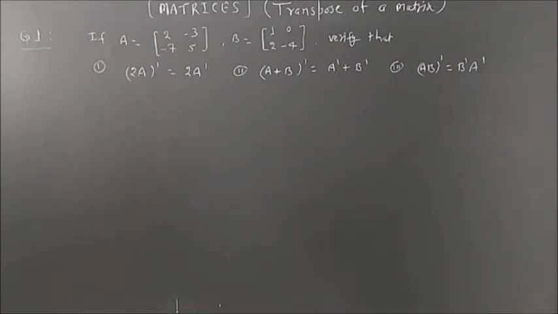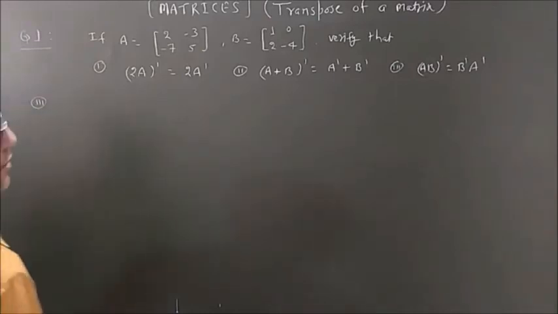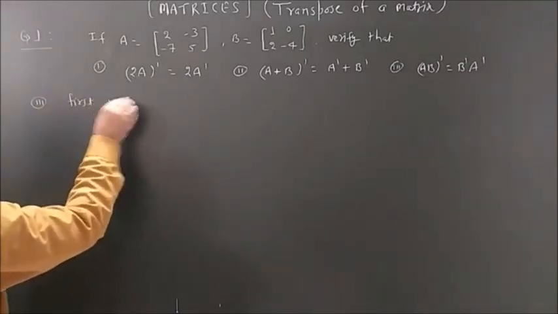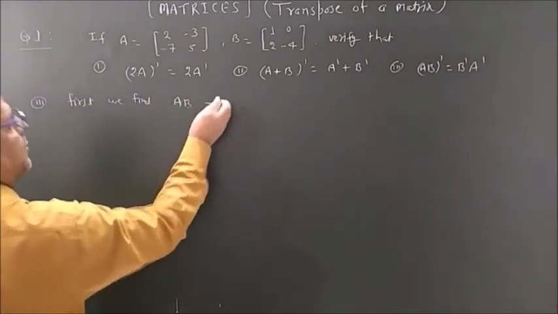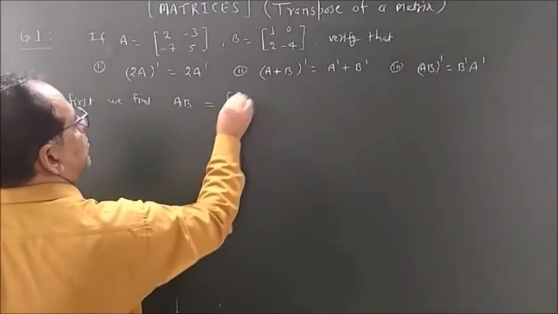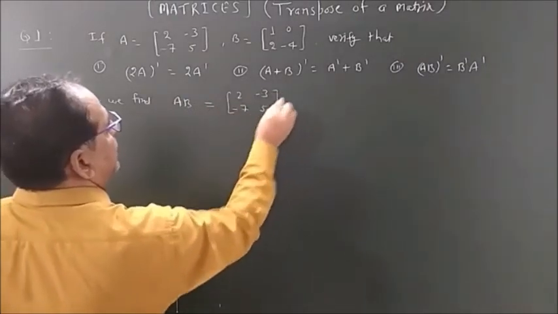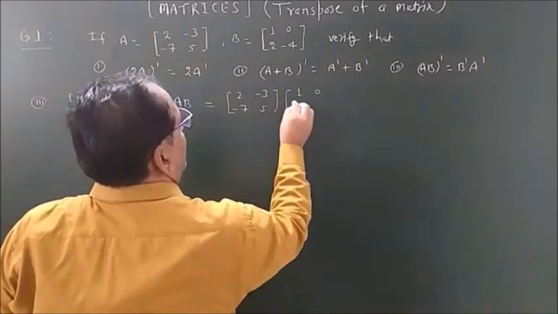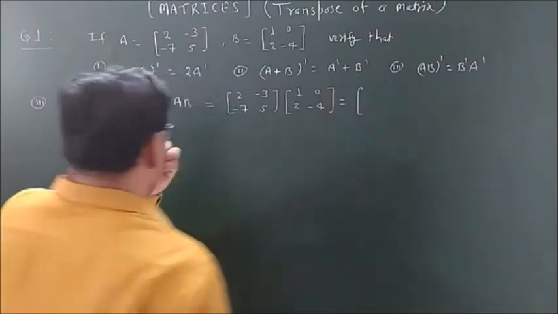Now the third part of this question. First, we find AB. That means the first matrix [2, minus 3; minus 7, 5] into the second matrix [1, 0; 2, minus 4]. Now multiply.